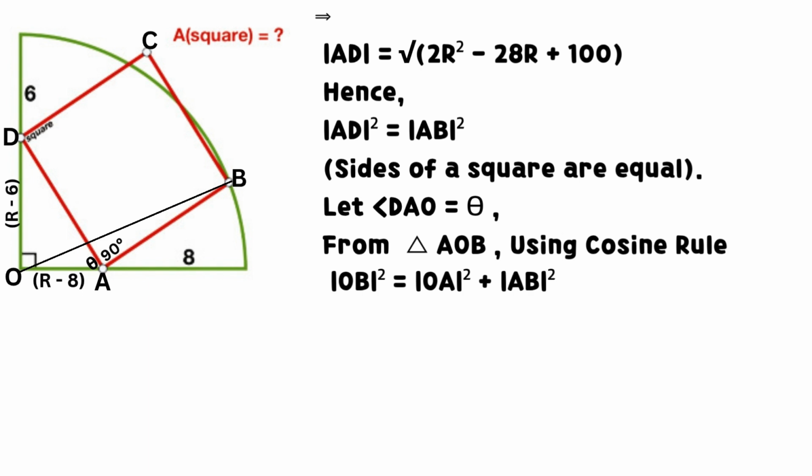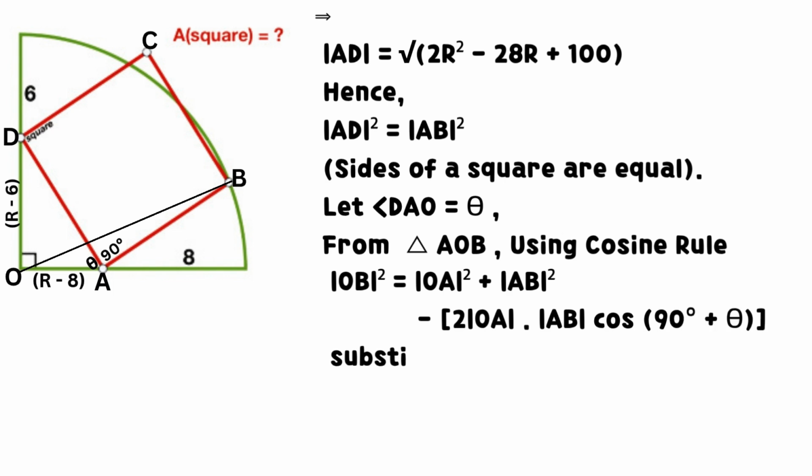The square of line OB equals the sum of the square of line OA and the square of line AB minus 2 times the product of line OA and line AB times cosine of 90 degrees plus theta. Substitute values.